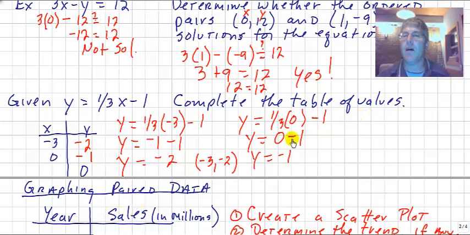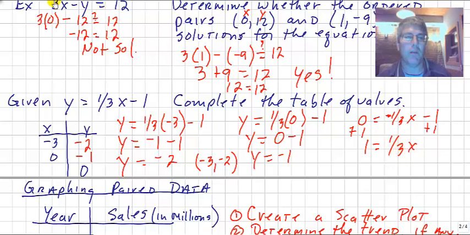This one's a little different now. We're not substituting for x, but we're substituting for y. We're given the y value as 0. So that one, 0 equals 1/3 x, not negative 1/3 x, 1/3 x minus 1. So we add 1 to both sides. 1 equals 1/3 x.